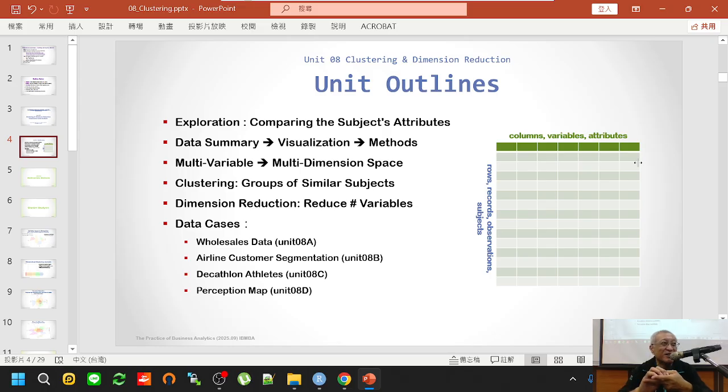Which are clustering and also dimension reduction.